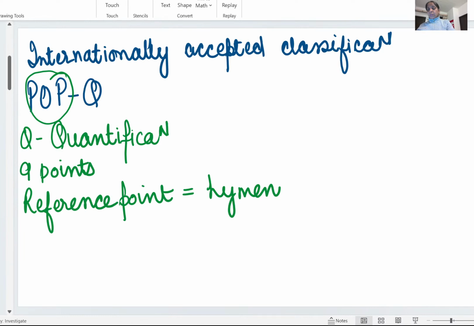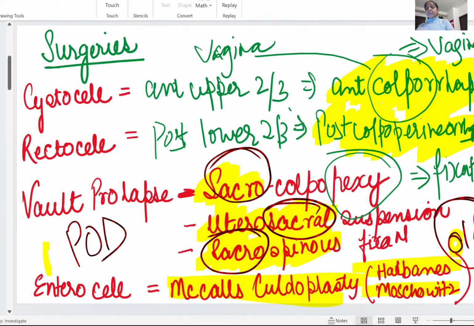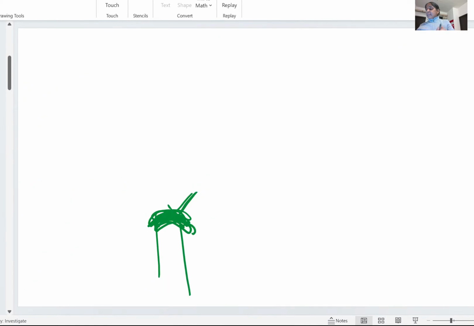Very good. Now is the main part: what are the surgeries done? This is very frequently asked. So now let us see what surgeries are done for the prolapse.